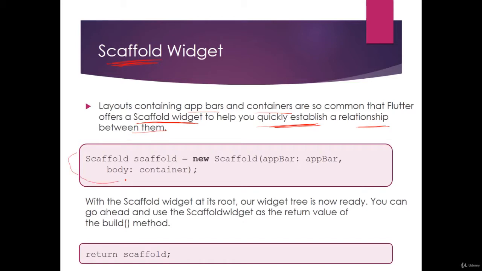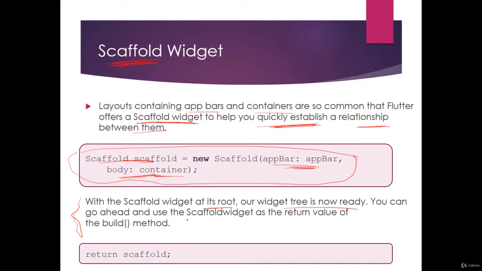So with this code, actually we're going to use the Scaffold Widget, where we will say that we'll have this AppBar and the body will be the container that we already created. So with the Scaffold Widget as its root, our widget tree is now ready.